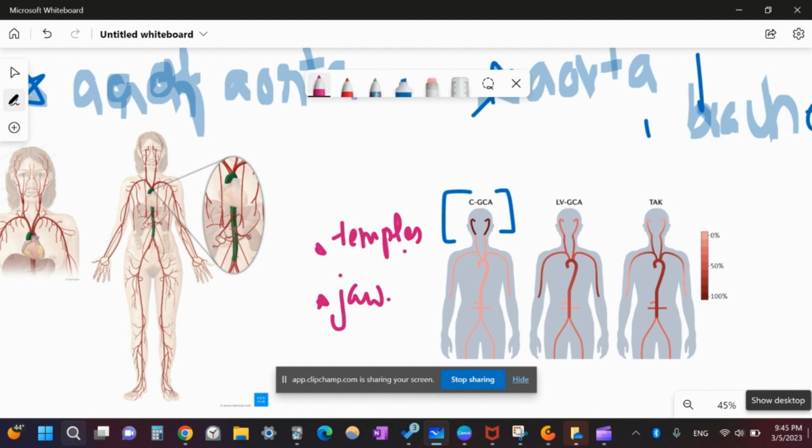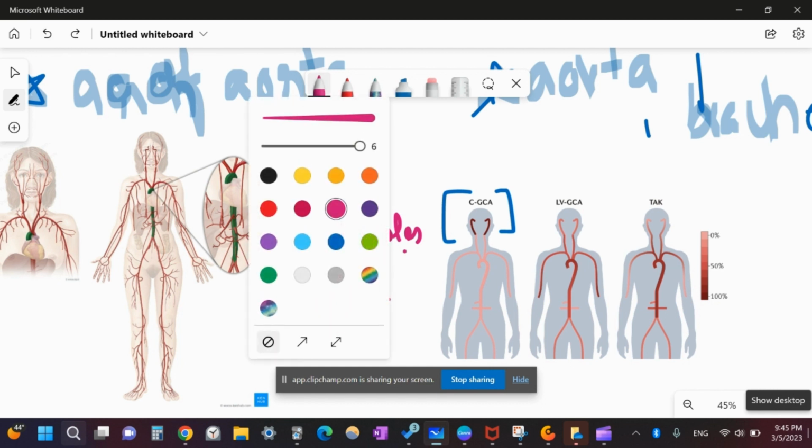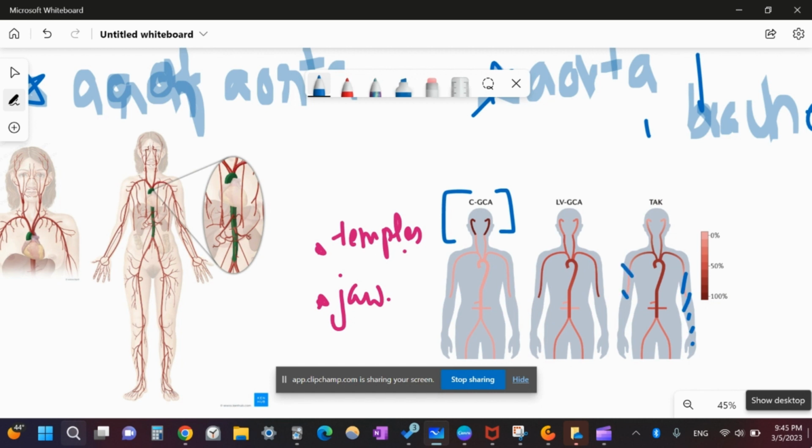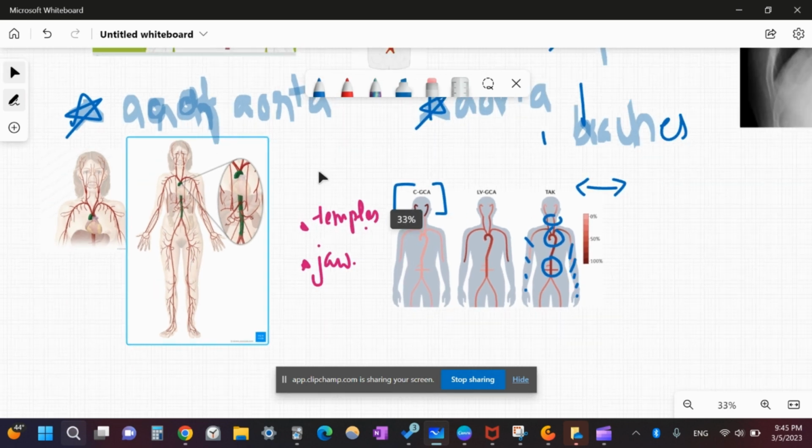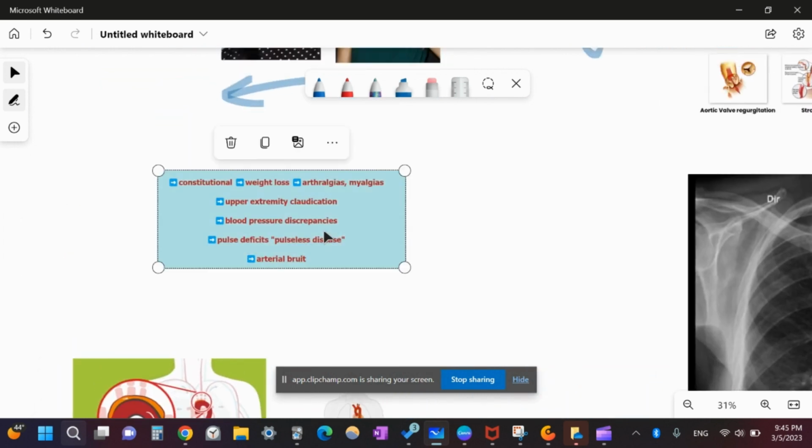It's mostly going to be restricted to the head and the face. But Takayasu can present with upper limb symptoms, and when we talk about aorta and all of its proximal branches and some of its distal branches, sometimes the distal branches can also get affected. So you want to be thinking of a very wide range of symptoms. We're going to get to that under clinical features and complications, right? So let's get back to that.